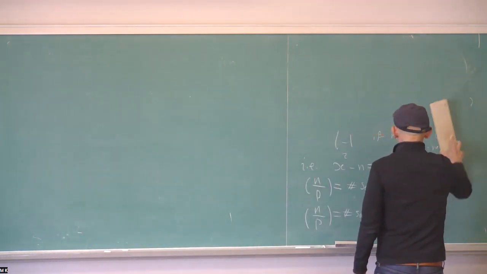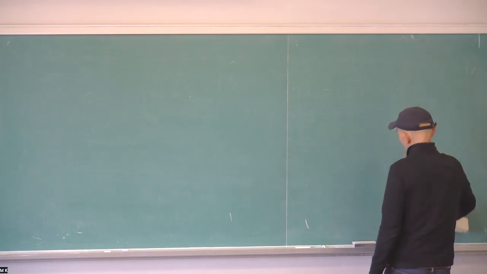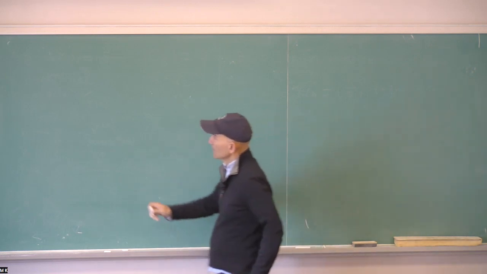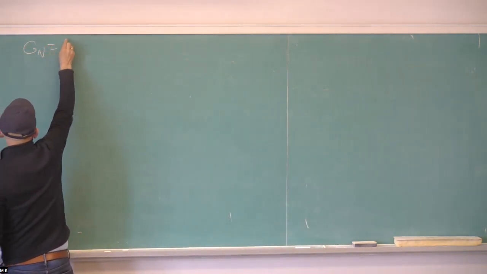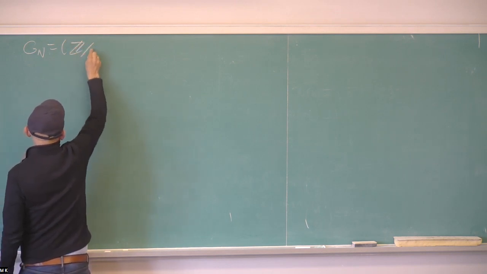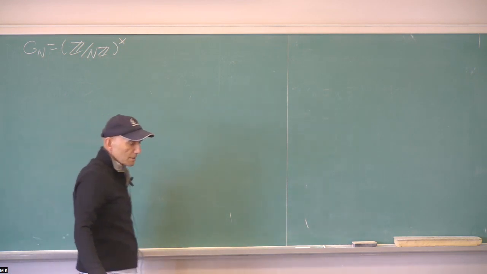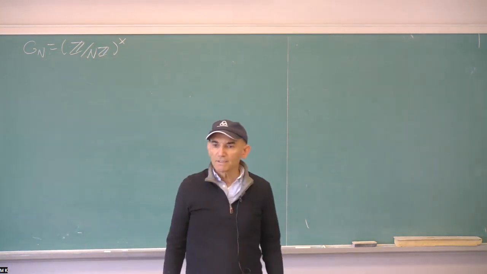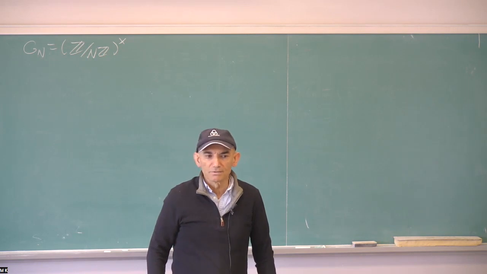Oh, by the way, maybe before we move on, I tell you something. I ask you a question. So this group Gn, does it ring a bell for you? I mean, have you seen this group before in some other context?